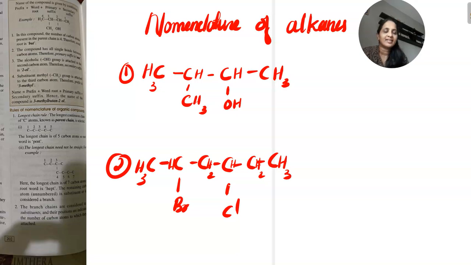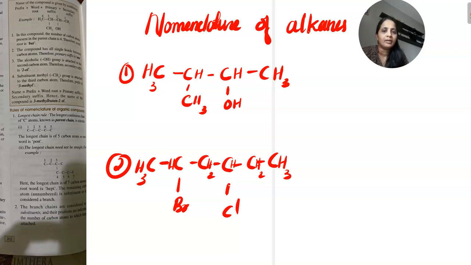Today's just a small topic, nomenclature of alkanes. This same topic is there in IGCSE, ICSE and CBSE also. Before we discuss the nomenclature, what are alkanes? Alkanes are hydrocarbons. Hydrocarbons means that they contain only carbon and hydrogen.